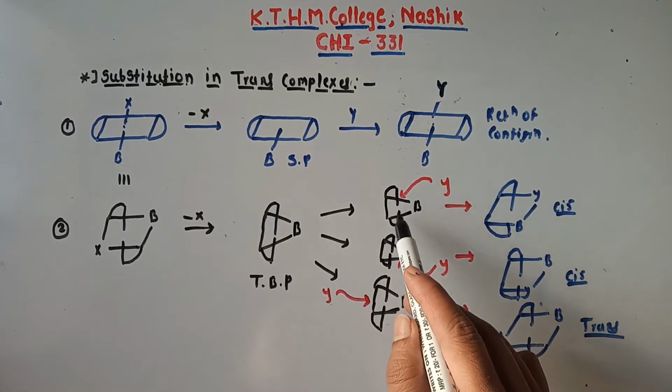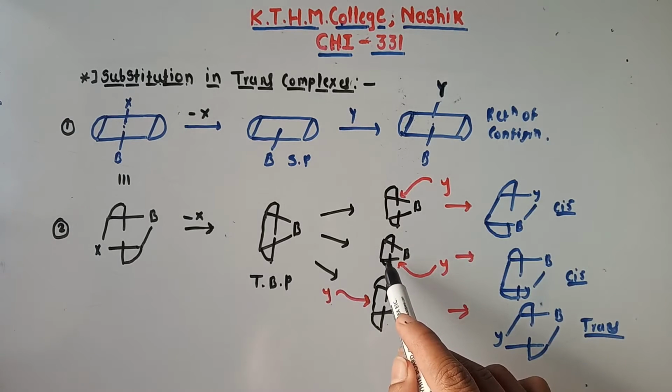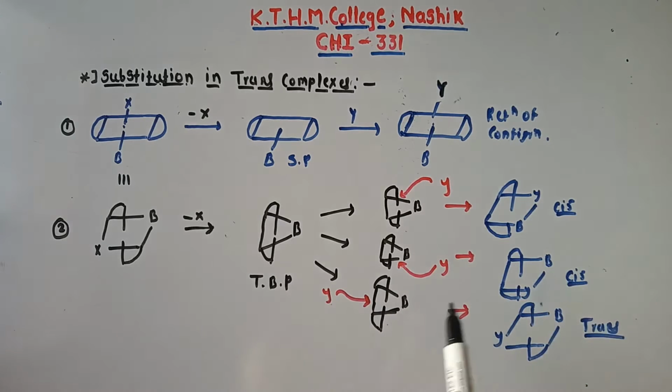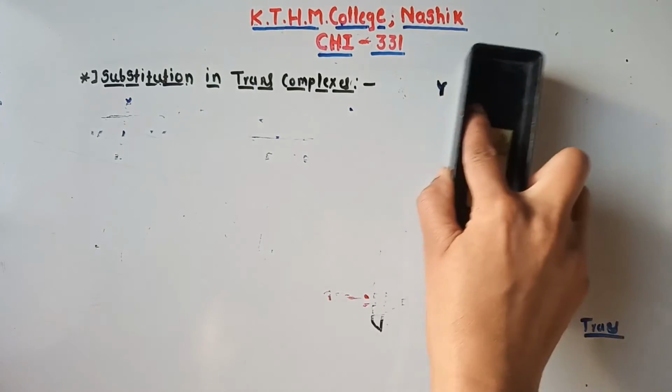When Y attacks from this plane, we get cis, while when Y attacks from the lower side, we get cis again, and when Y attacks from this side, we get a trans product. Okay, so here is a mixture of cis and trans.